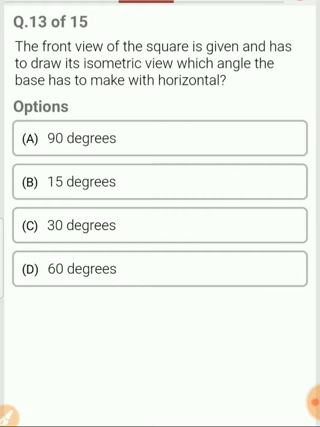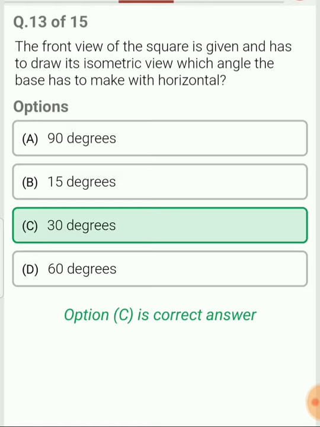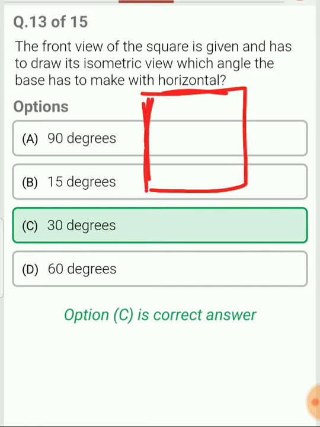Next question. The front view of a square is given and has to be drawn with the isometric view. Which angle the base should make with the horizontal? It is obvious that the angle which the base should make with the horizontal is 30 degree, because we have a square front view. Now to draw it as an isometric view, first of all we need to draw a horizontal line.